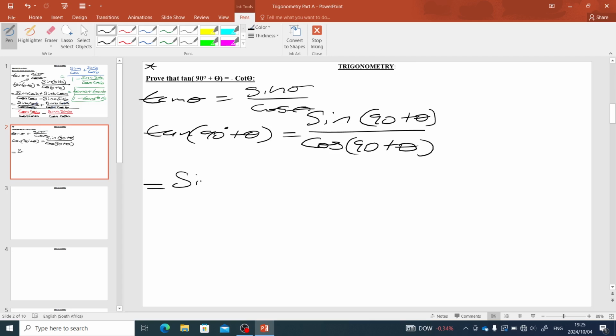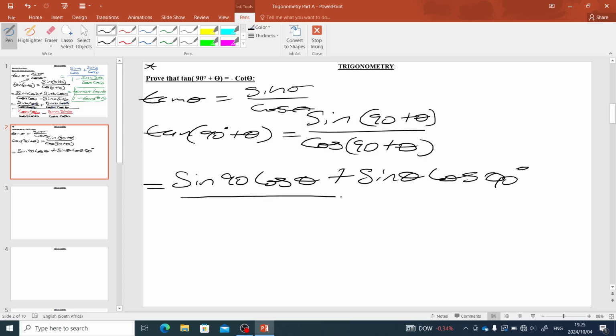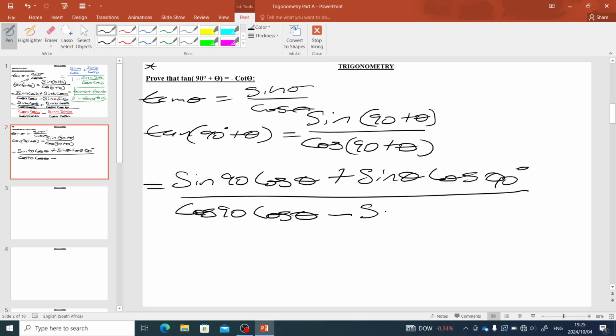We are having sine 90 multiplied by cos theta, plus sine theta multiplied by cos 90, divided by cos 90 multiplied by cos theta, then we will have a minus sine 90 multiplied by sine theta.